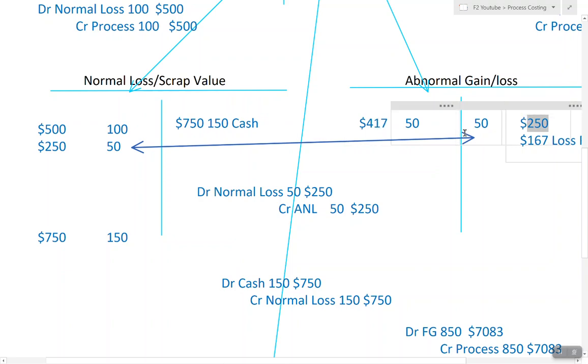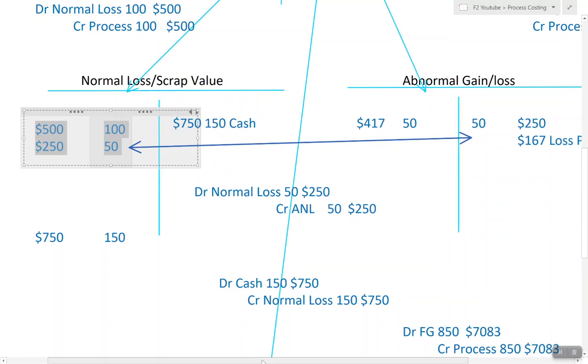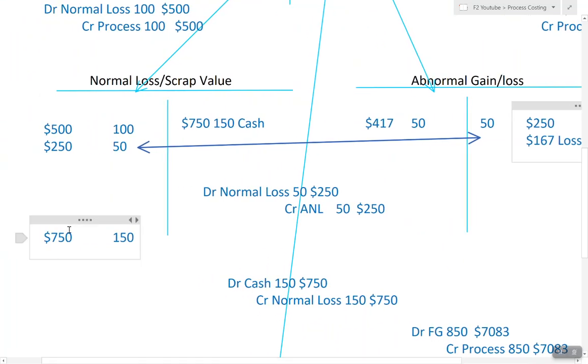So we will credit abnormal loss account and debit normal loss. It will be added with the other loss. So our loss specifically in the abnormal loss is 167. This is not a loss in the whole process. Obviously, we haven't yet sold it. So specifically, the loss in abnormal loss is 167, not 417. So that 250 came here. So credit abnormal loss, debit normal loss.